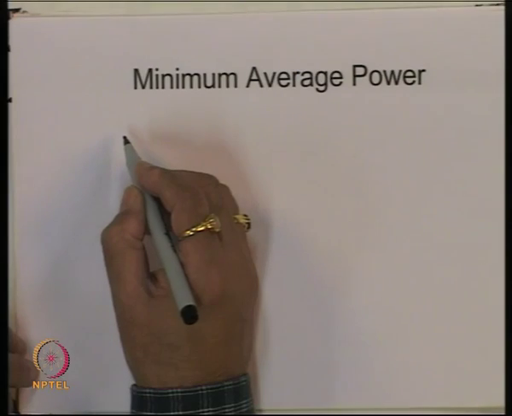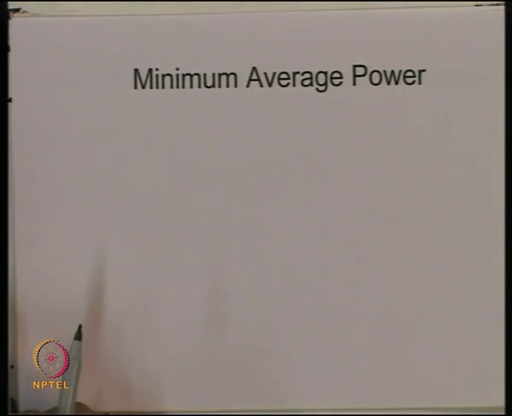So, to calculate the minimum average power, let us say we have some power received corresponding to the 1 level, and for the 0 level, without losing generality, let us say some power P0 is received when level 0 is received.